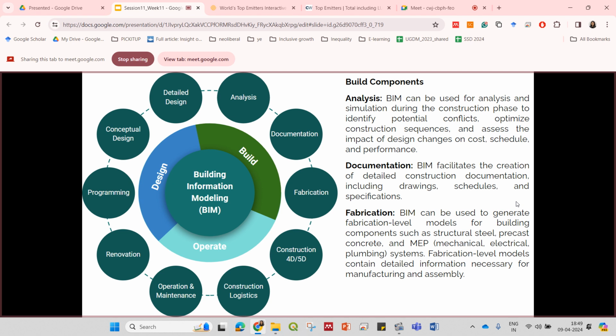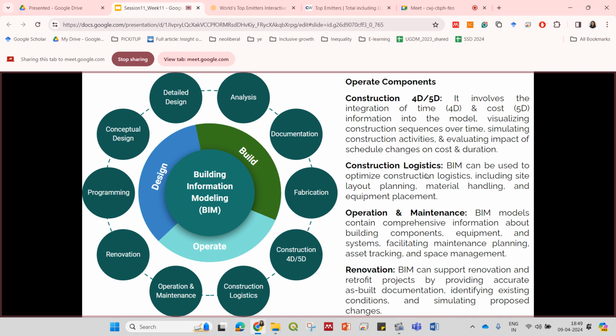Fabrication is the last step, in which BIM can help you generate fabrication level models for building components such as structural steel, precast concrete, and MEP systems. Fabrication level models contain detailed information necessary for manufacturing and assembly of these components. So this is the last aspect of the build stage in which BIM can assist.